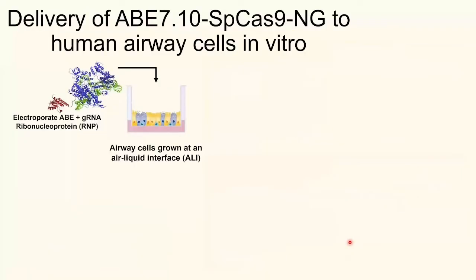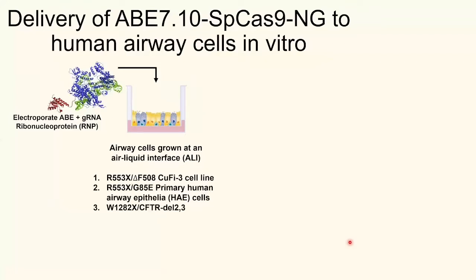To assess the efficiency of the ABE710-NG base editor in correcting the two nonsense mutations, we used the CUFI3 cell line and primary human airway epithelial cells heterozygous for either the R553X or the W1282X mutation. First we lifted the airway epithelial cells grown at an air-liquid interface. Then we electroporated them with ribonucleoproteins, or RNPs, which consist of the ABE710 and their respective guide RNA.